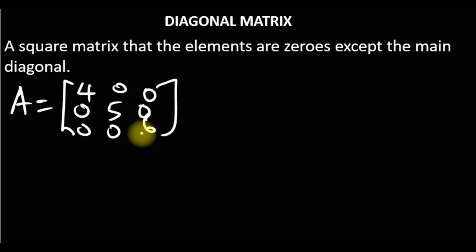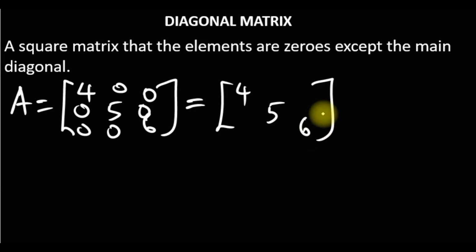Do you see it? All these other elements are 0 except the ones in the principal diagonal. Some textbooks will write just the elements in the principal diagonal. Either way, all the elements except the ones in the principal diagonal are 0. This is called a diagonal matrix.